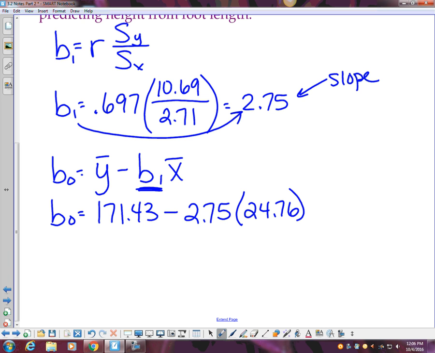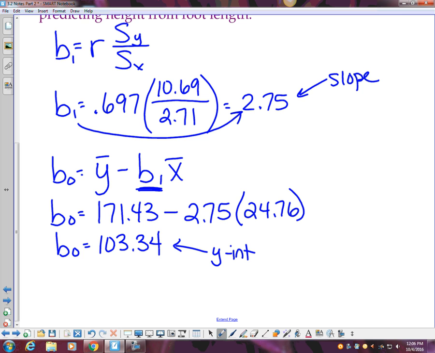And again, I encourage you to pause this, type this in your calculator, make sure you get what I get, 103.34. And that is my y-intercept.